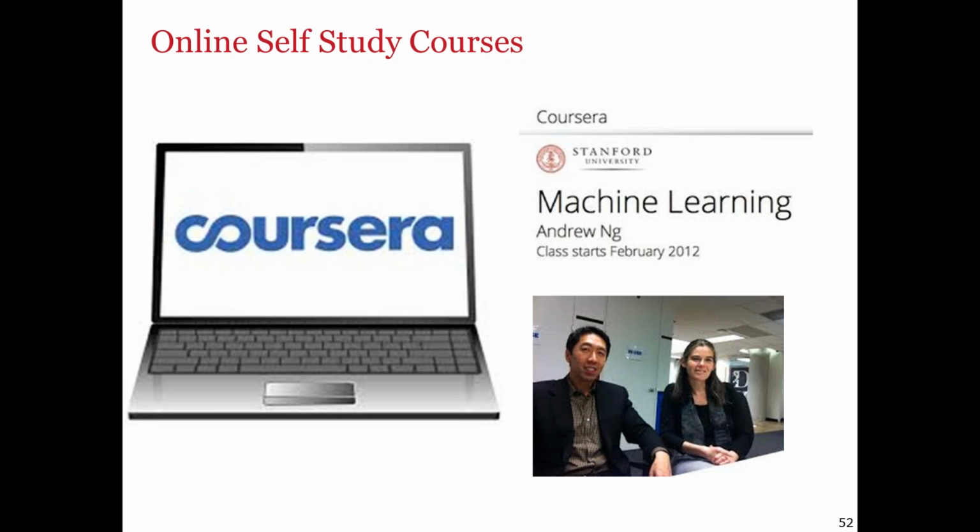And Andrew Ng is very influential in robotics and is also the chief scientist now for Baidu, as he's also continuing at Stanford. And they offered this free online course in machine learning in February of 2012. 100,000 people enrolled. And they're now offering this course on a continuous basis.